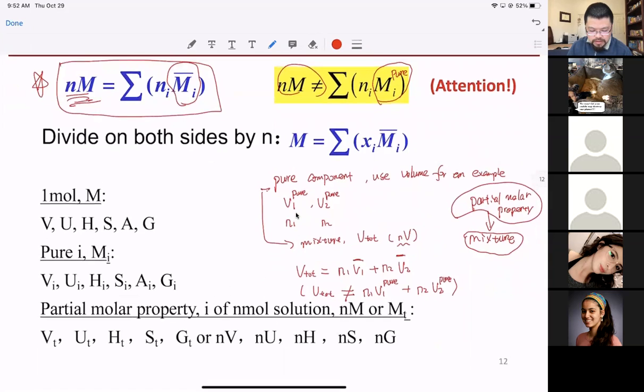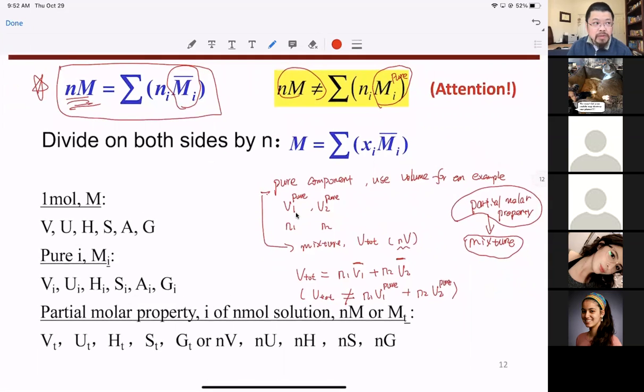So on this slide, you see that we mentioned about not mixing this partial derivative with respect to n or with respect to xi. That is purely for the partial molar property definition.